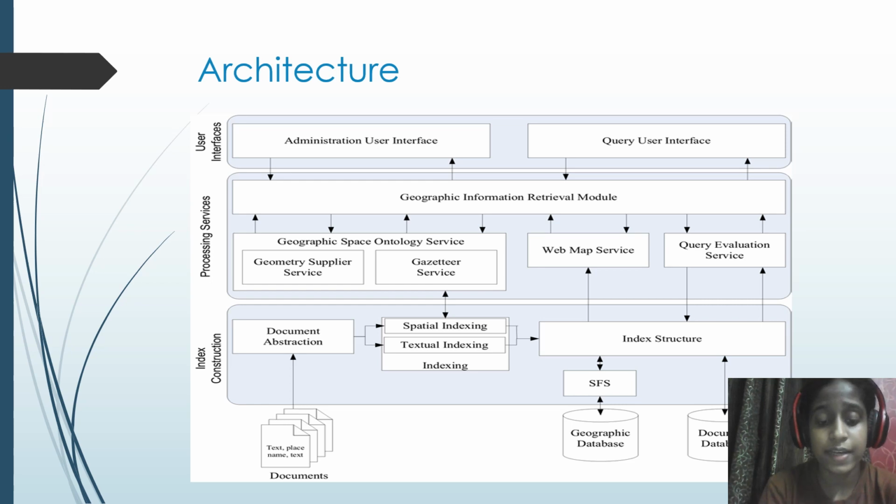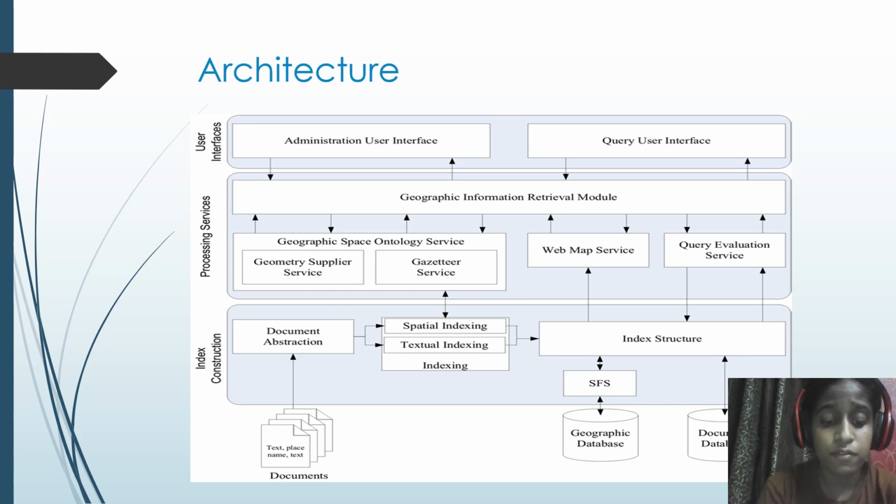On the right hand side, one can see the two services that are used to solve the queries. The rightmost one is the evaluation service, which receives queries and uses the index structure to solve them. The other service is the web map service, following the OGC specification, that is used to create the cartographic representation of the query result.